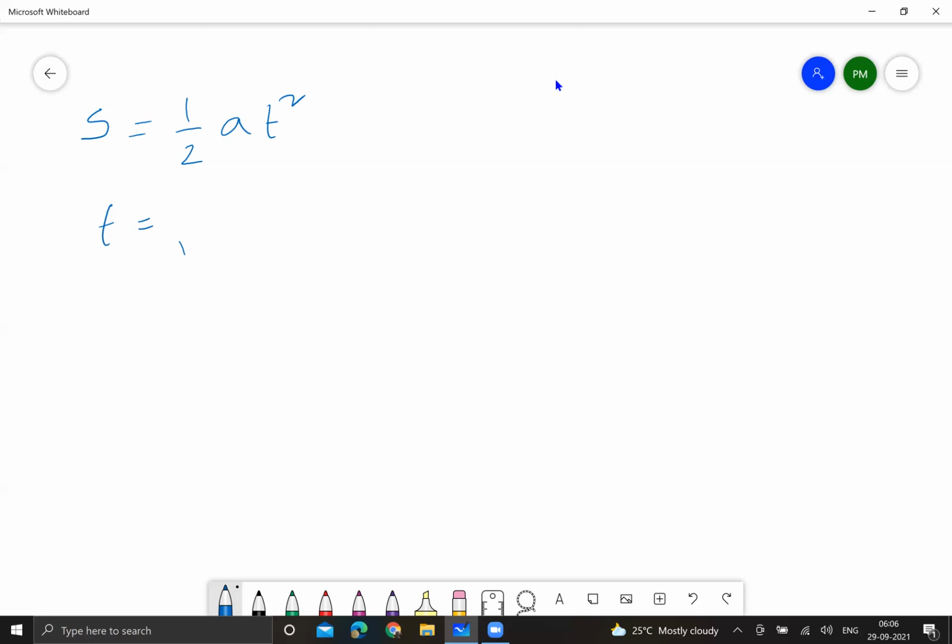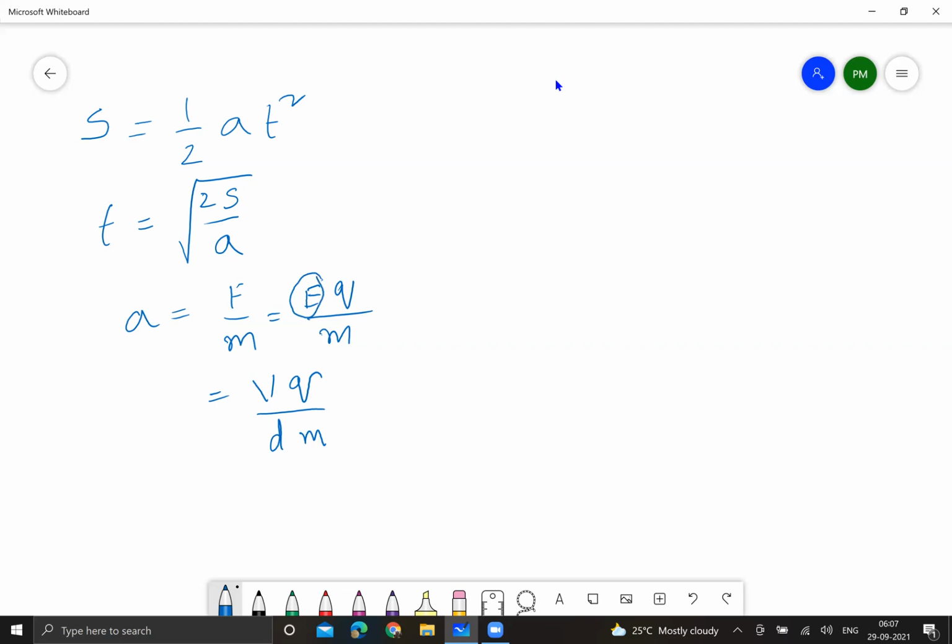So T is equal to root of 2S by A. A is equal to F by M, is equal to EQ by M, is equal to VQ by D into M. Same uniform field means E and V by D, whatever format you take, it remains same. So A varies directly as Q by M.